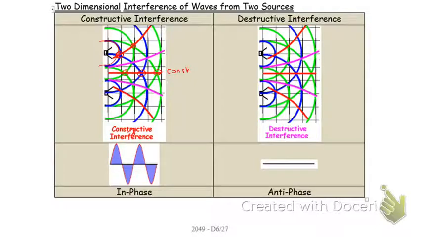And I didn't draw it, but a crest arrives with a crest. So that also would be constructive. And down here, I'm different distances, but I'm getting a crest with a crest and a trough with a trough. And I didn't draw it, but it's a crest with a crest. So that would also be constructive.